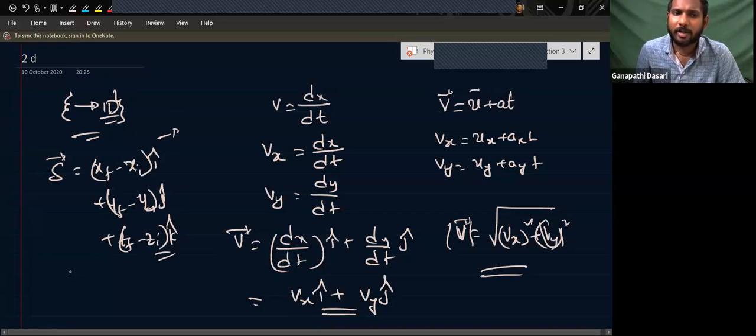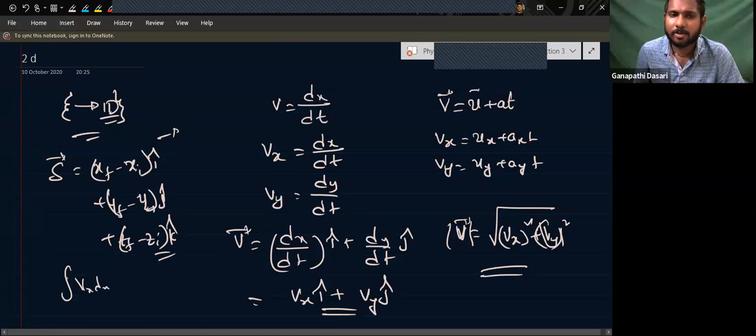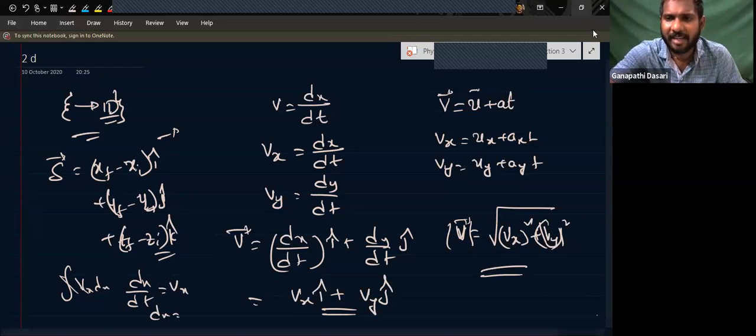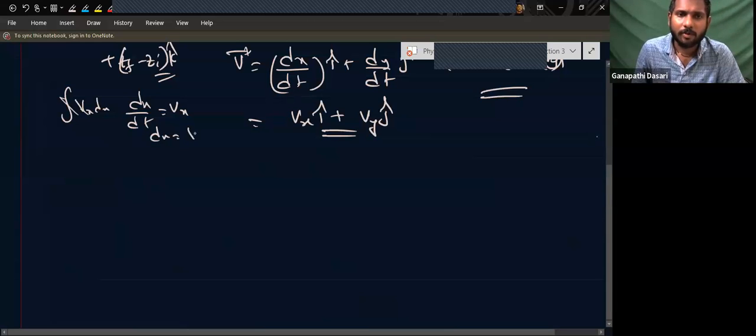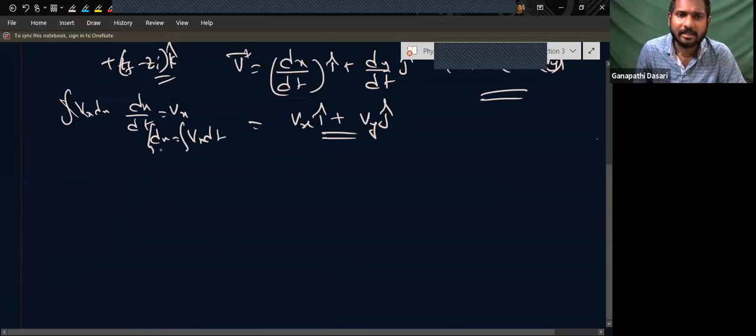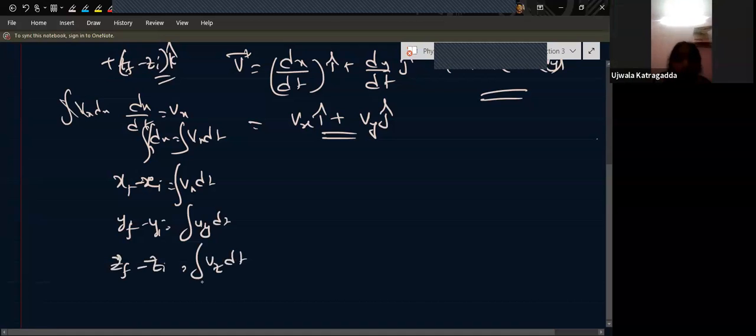Integration also: dx is equal to vx dt, so x final minus x initial is equal to the integral of vx dt, y final minus y initial is the integral of vy dt, and z final minus z initial is the integral of vz dt.